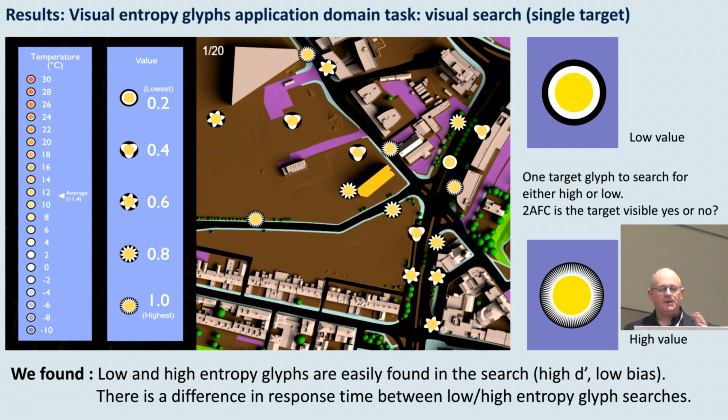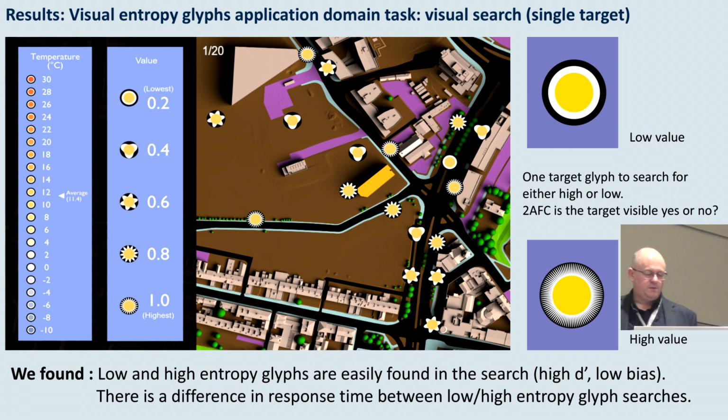We also wanted to do a quick test at the time on whether you could search for these shapes within the original pictures of the city. So we put them back in the city and used value rather than anything specific. We could ask them to search for and look for a low and a high value.